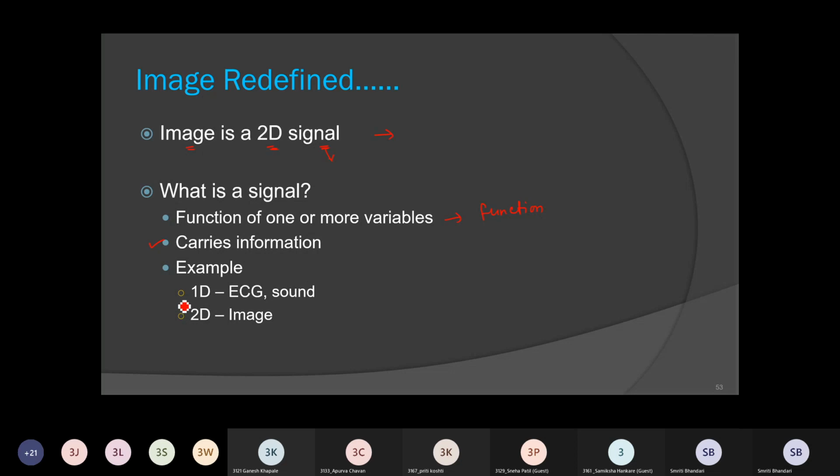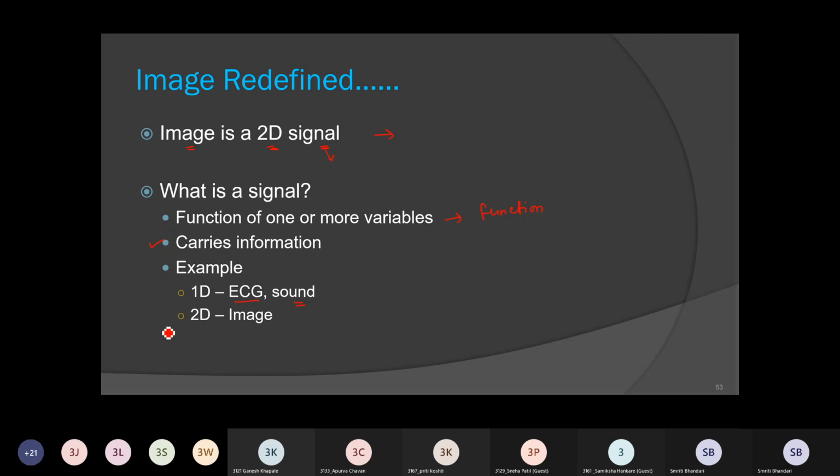If we consider a one-dimensional signal, then an example is ECG, that is electrocardiogram. You might have seen this ECG, right? Another example of a one-dimensional signal is sound. So sound is a 1D signal having only one variable.